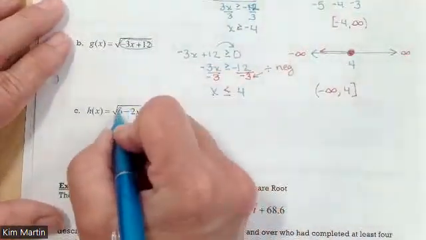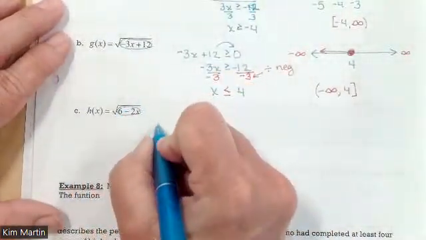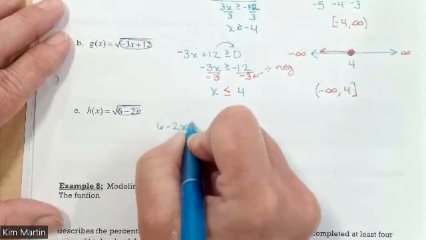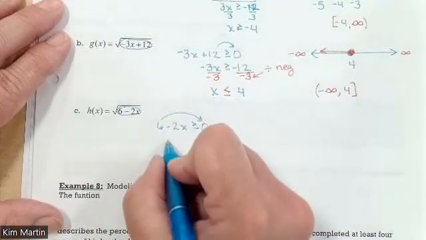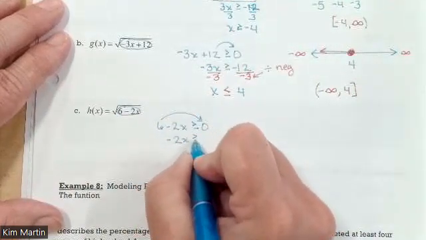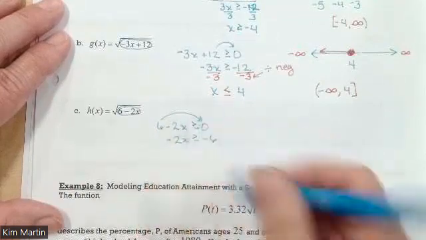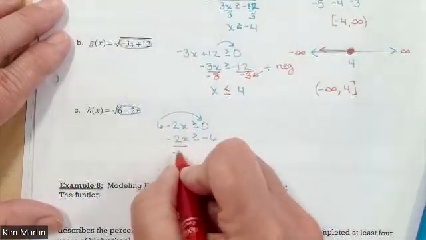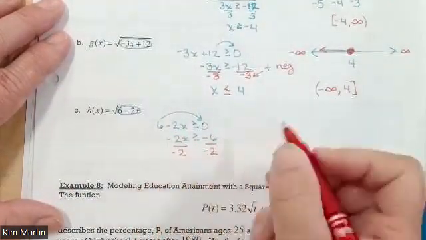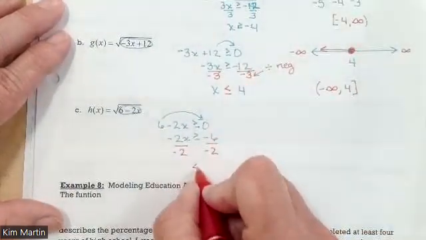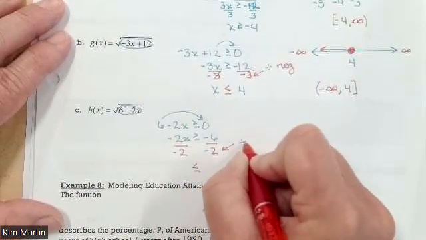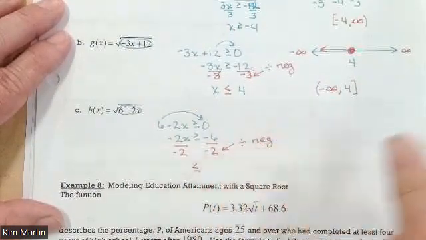Again, this one right here, that whole thing, 6 minus 2x has got to be greater than or equal to 0. I'm going to take the 6 to the other side, it becomes negative. I'm going to divide by negative 2. Does my symbol stay or switch? Switches, yes. Divide by a negative, good. You're exactly right.